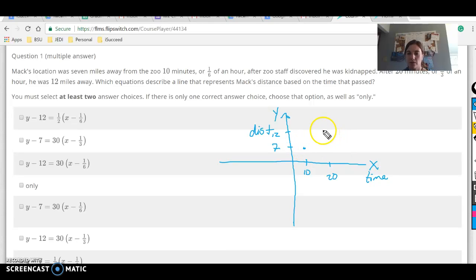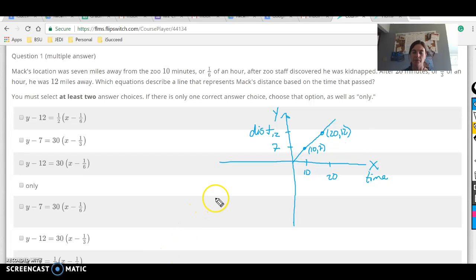Okay, so it's going to look something like this. It's probably not exactly like that, but it's close. Okay, so what we need to do here then is to figure out the slope between these 2 points. So the first point is at 10 and 7, and the second point is at 20 and 12.